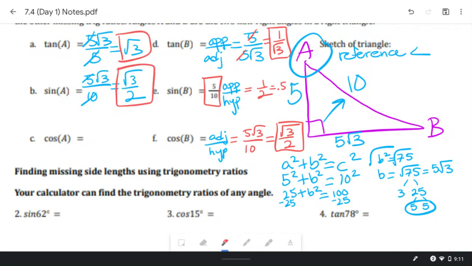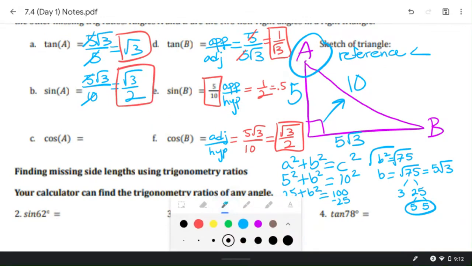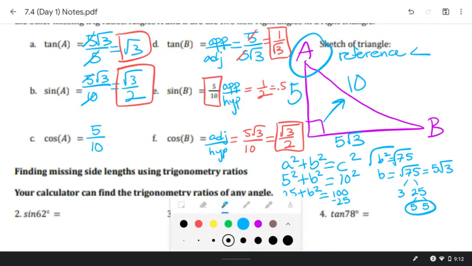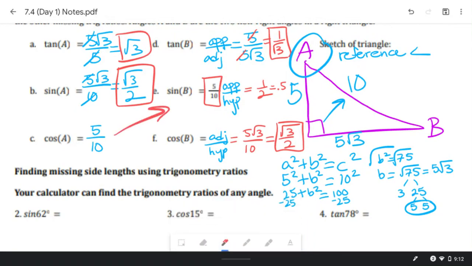And notice that that's the same as cosine of B. And then you've got the cosine of A, which is adjacent over hypotenuse. So that's 5 over 10. And that's the same as the sine of B.